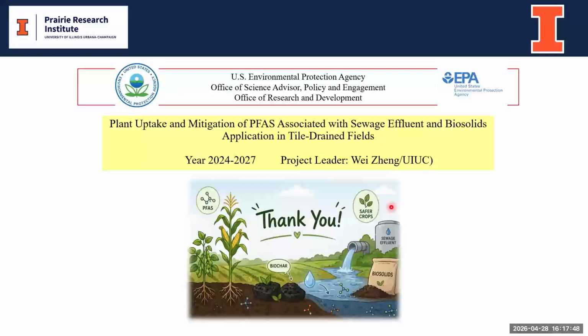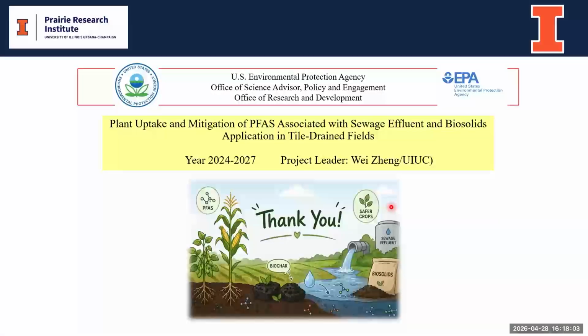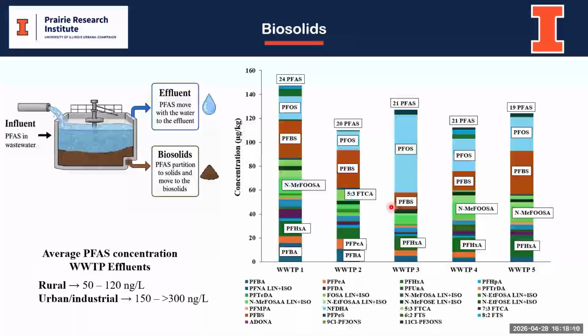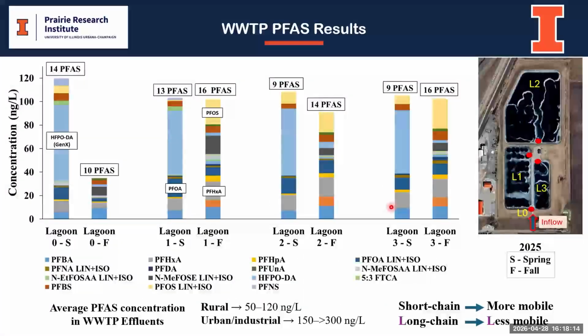In one of your earlier slides, you showed the wastewater intake, and the level in the fall was a lot lower than in the spring, I think. Do you have any ideas of what's driving that, or if it's just being driven by variation in the points? Can you repeat? In your first results slide, the location 0, the inflow, it's a lot lower in the fall.